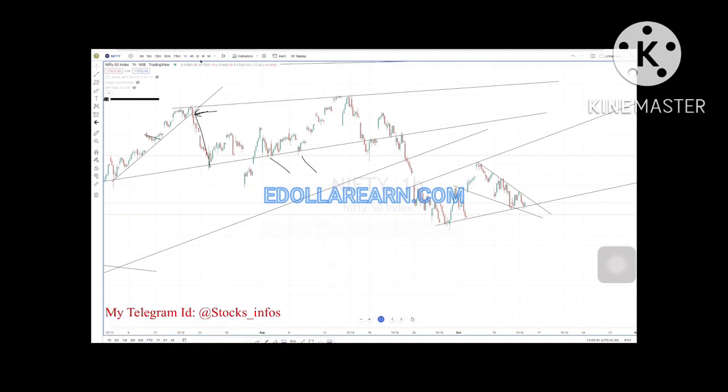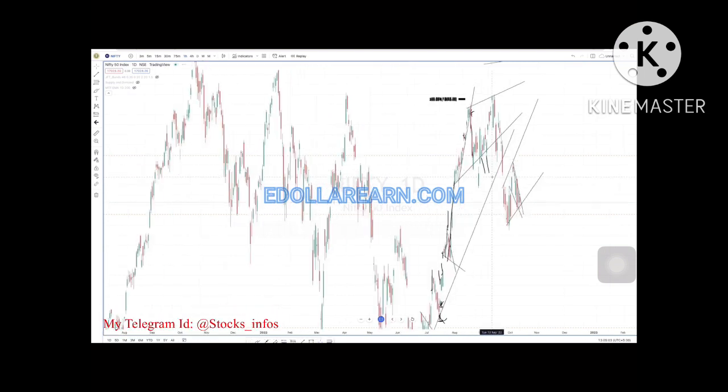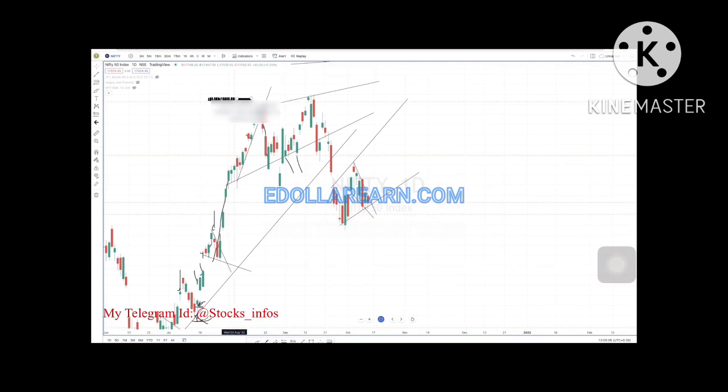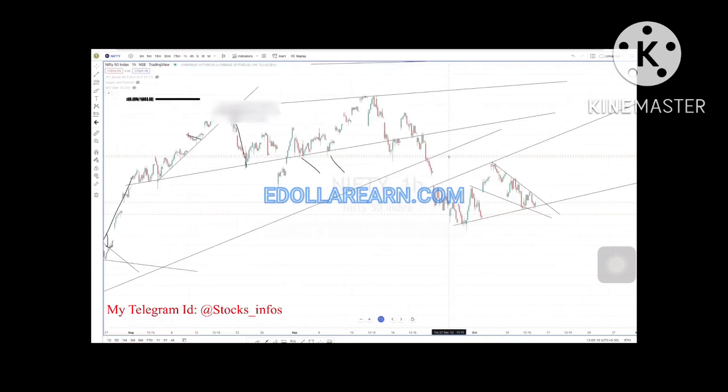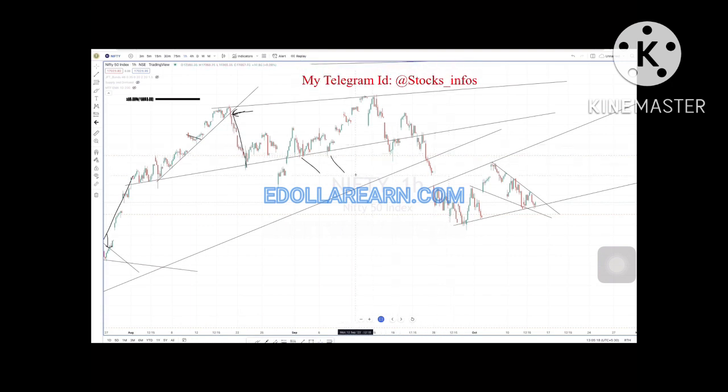So the concept is very simple. It is very rewarding when you know what you are doing. We are not going to use support and resistance. Most people use support and resistance, and that is why there are a lot of fake breakouts and everything. What we do here is use simple trend lines and the concept of price action.